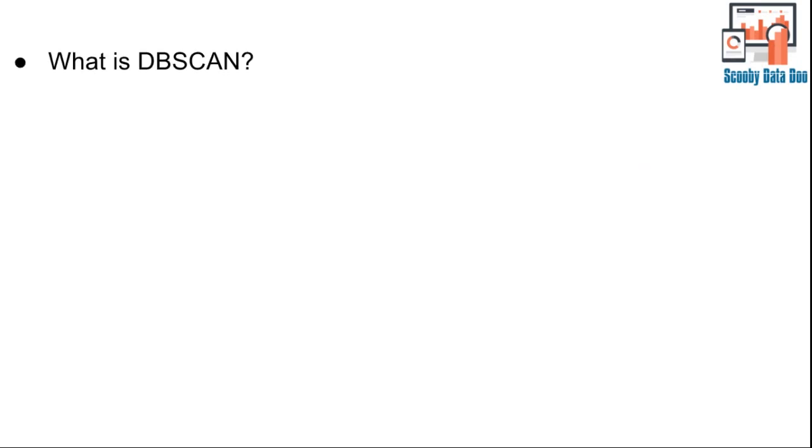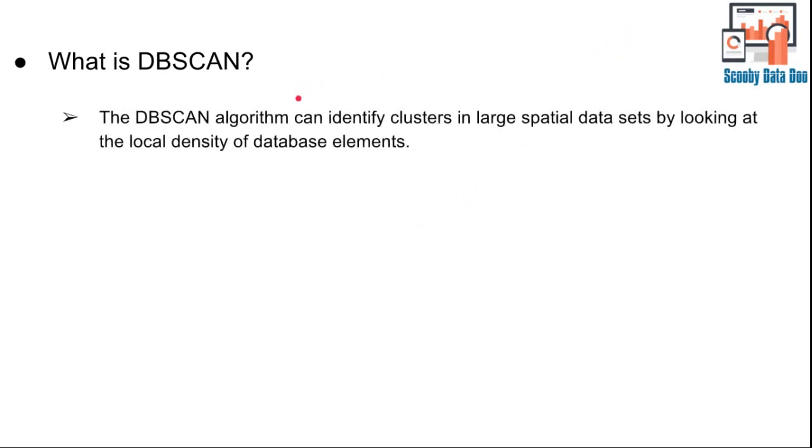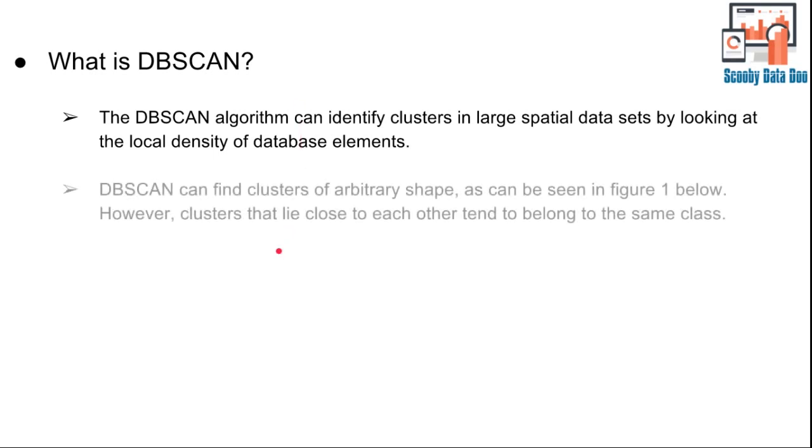Alright, so first let's talk a little about what DBSCAN is. DBSCAN is an algorithm which generates clusters based on density, and we'll see shortly how the algorithm finds the density over database elements.